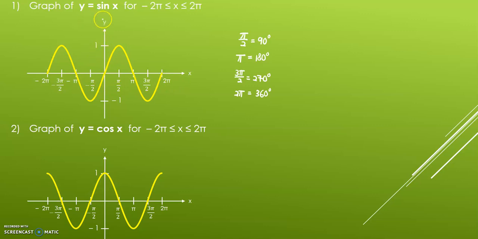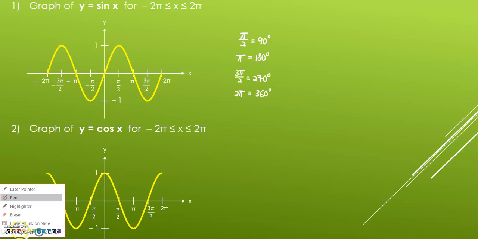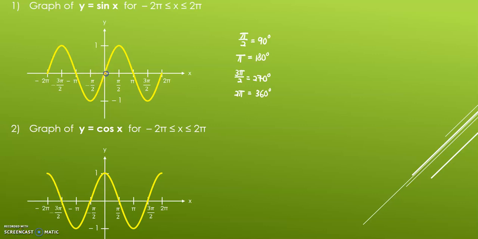So for y equals sine x, the graph will start from 0, and then go to 1, and then 0, -1, and 0. So this is the graph for sine x, which starts from 0.